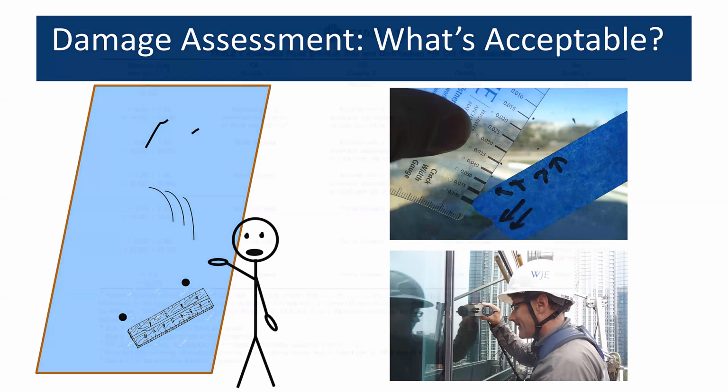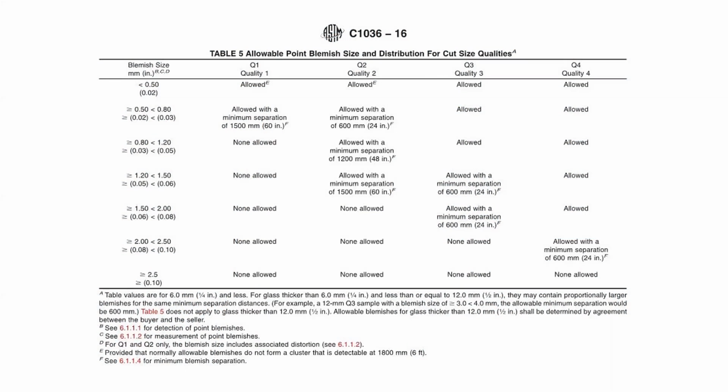So once that's been done, we go back into the standard, and there's a couple of tables in the standard that are helpful. One is what they call point blemishes, and these would be for impact points typically. And the typical quality of glass that's used on virtually all architectural glass projects is Q3 quality.